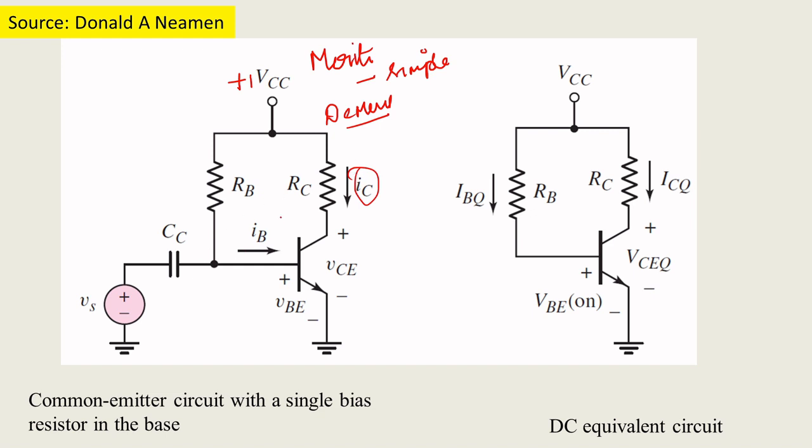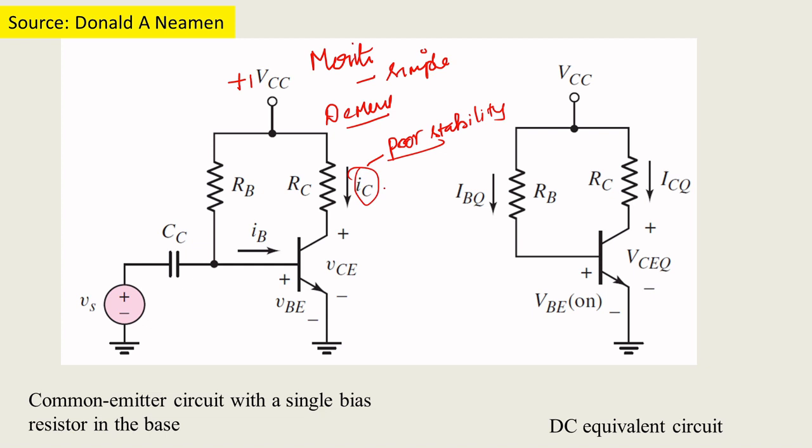That is the first reason why this circuit provides poor stability, because it doesn't have feedback from the output to the input. So this circuit provides poor stability compared to the other techniques because the operating point will keep on changing with respect to the changes of the transistor parameters.